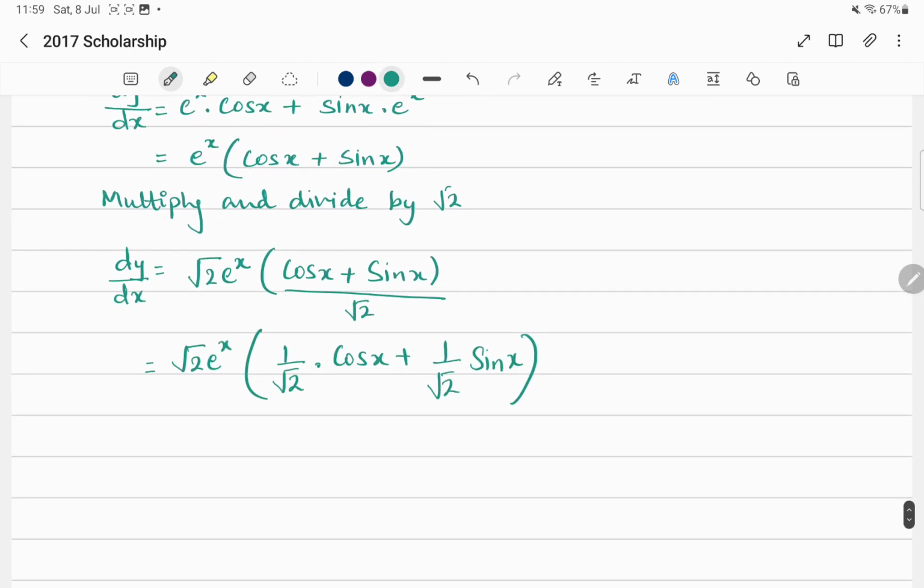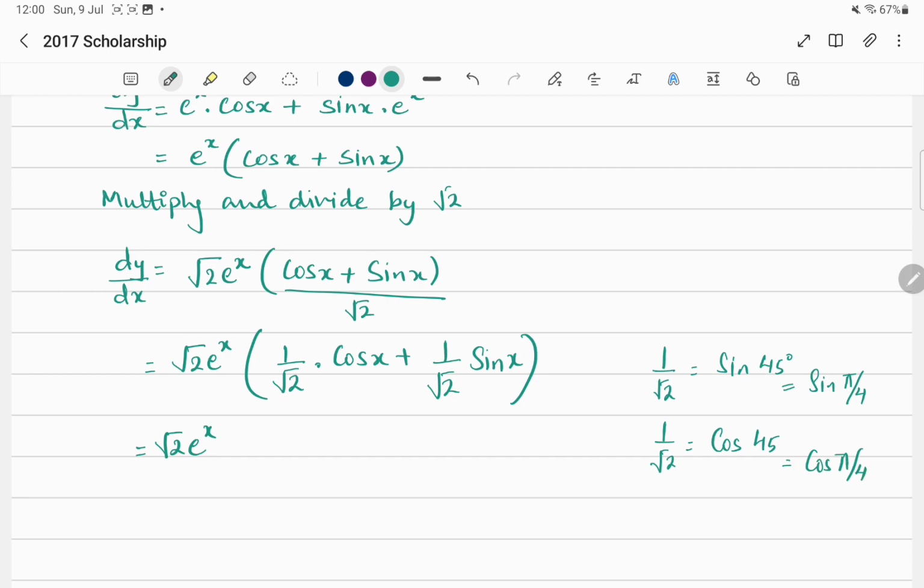Let's convert that into a simplified form. If you remember in trigonometry, 1 over root 2 is sine 45 degrees, and 1 over root 2 is also cos 45 degrees. So it can be written as sine pi over 4 or cos pi over 4.